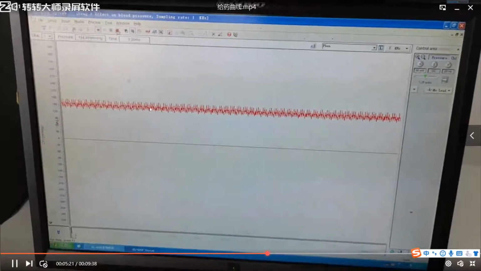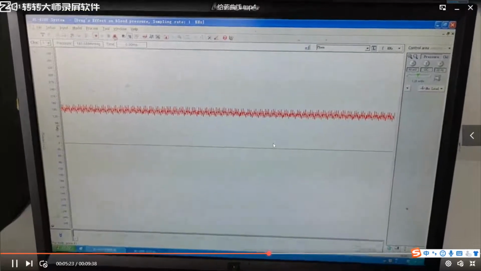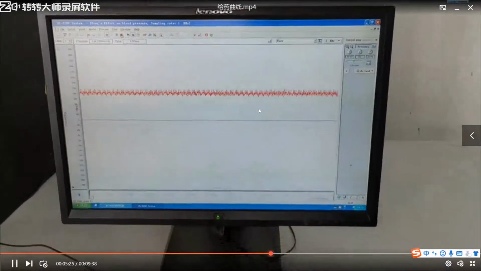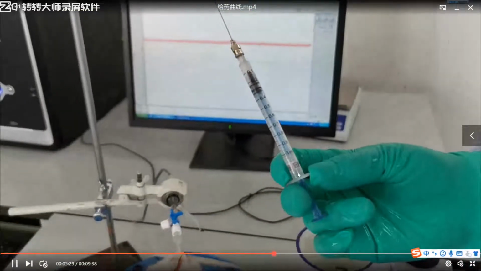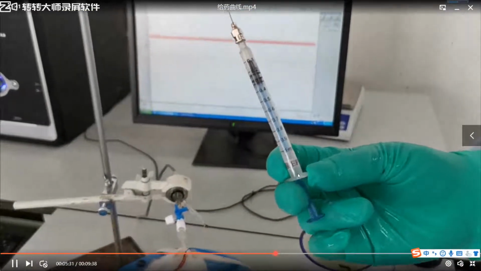Just now we waited 3 minutes to block the alpha receptor, and then we repeat epinephrine, adrenaline, again.